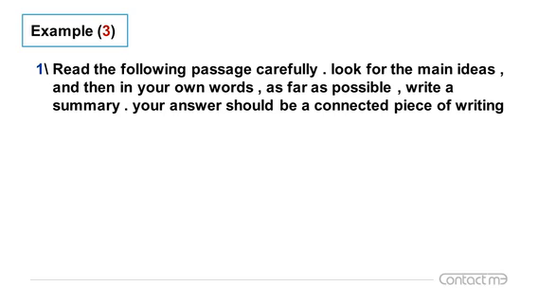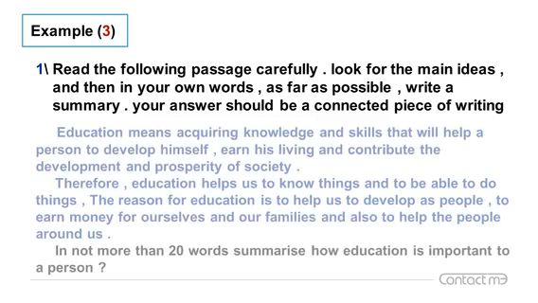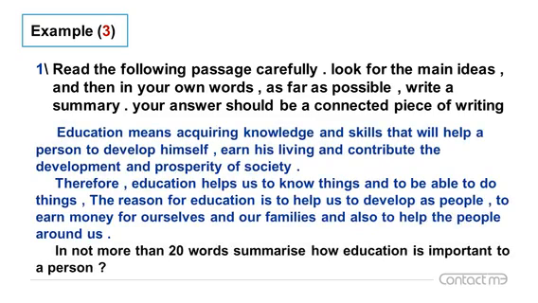Example number 3, the same title. Read the following passage carefully. Look for the main ideas and then in your own words as far as possible write a summary. Your answer should be a connected piece of writing. Education means acquiring knowledge and skills that will help a person to develop himself, earn his living, and contribute to the development and prosperity of society.